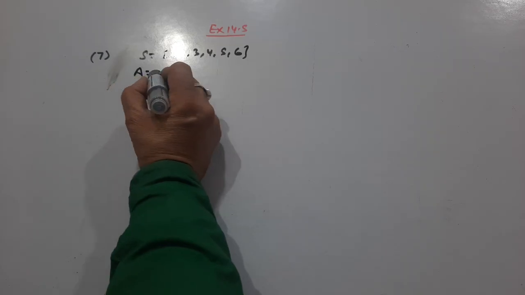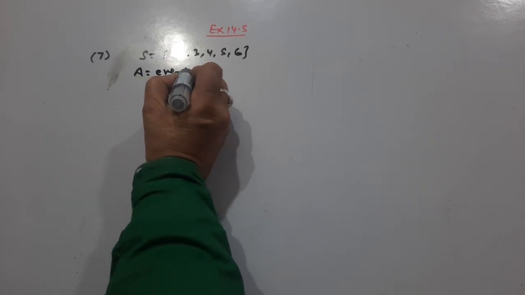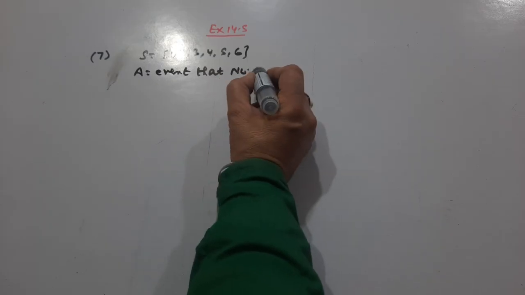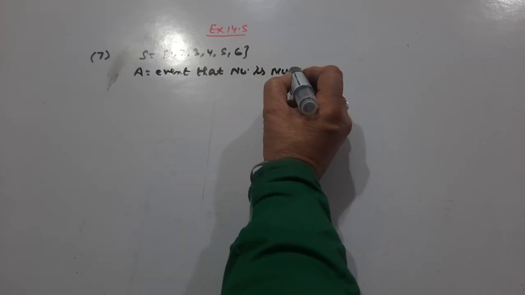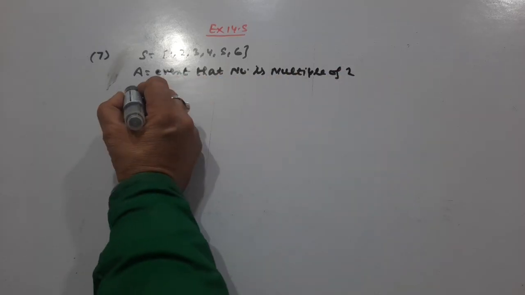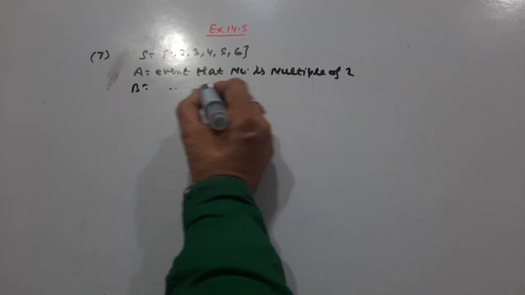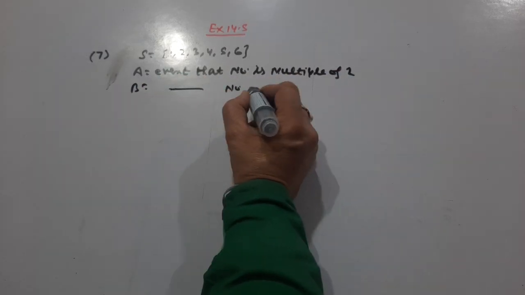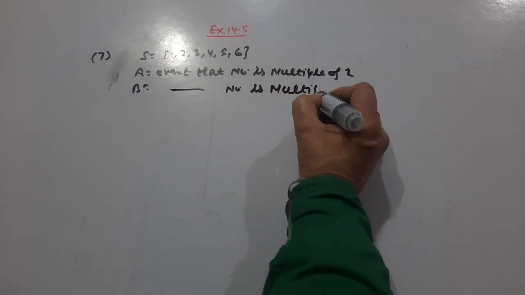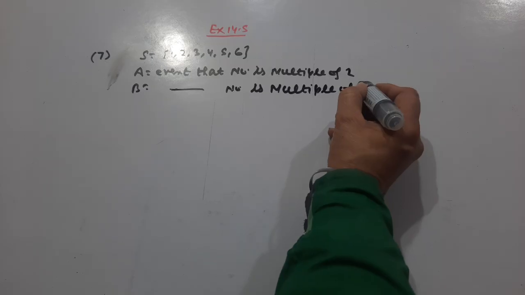Let A be the event that the number is a multiple of 2, and B be the event that the number is a multiple of 3.